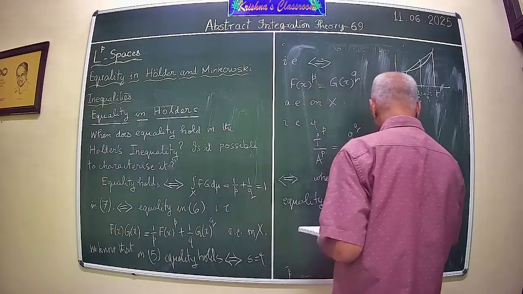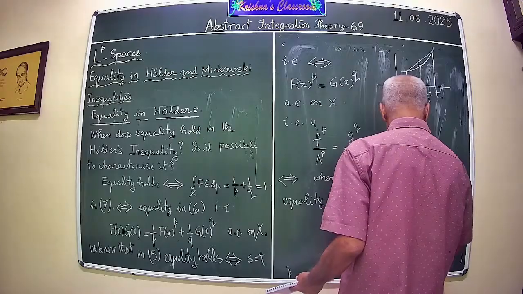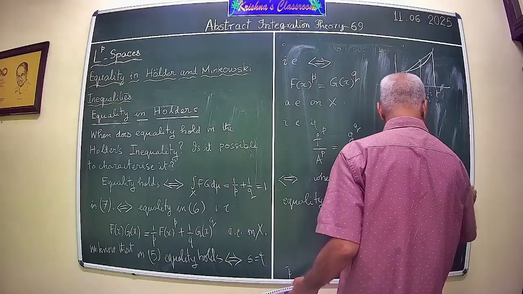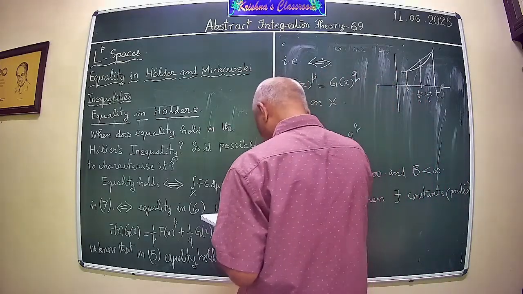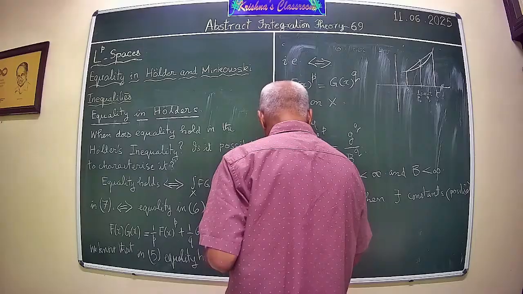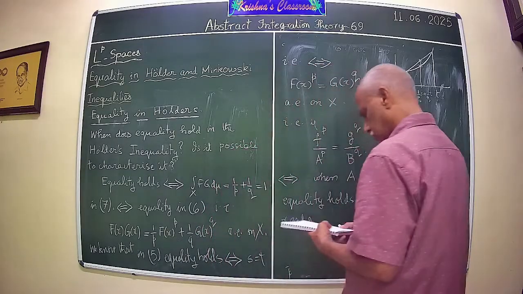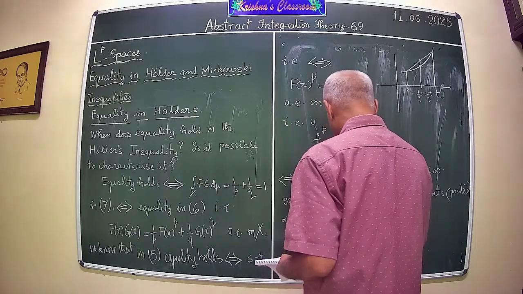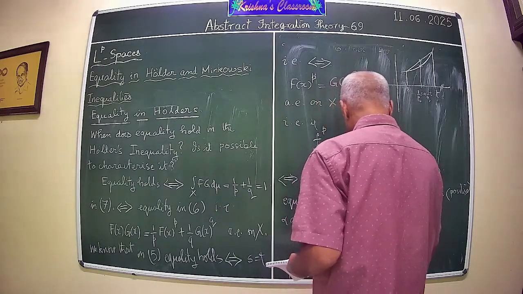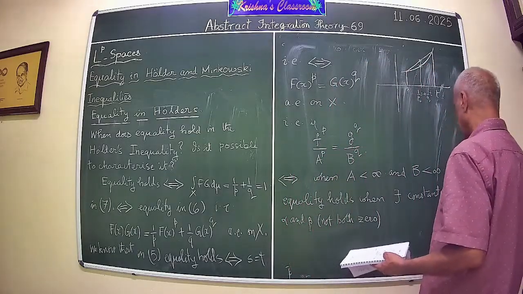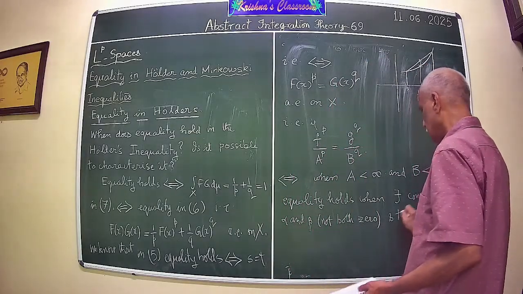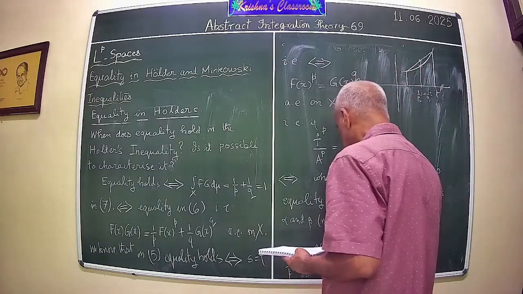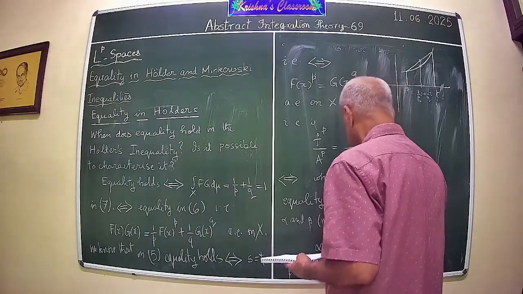There exists positive constants alpha, beta, not both 0, such that alpha times f to the power p equals beta times g to the power q.